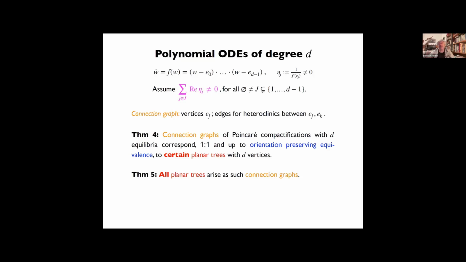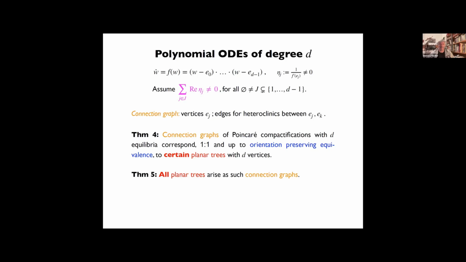Any planar trees with D vertices, of course. And the final theorem in this classification says all planar trees arise as connection graphs. So now, talking about the dynamics of the scalar ODE is as easy as drawing graphs.